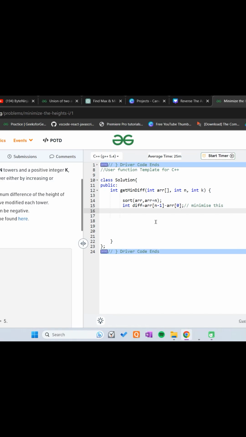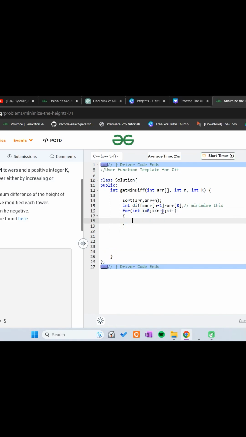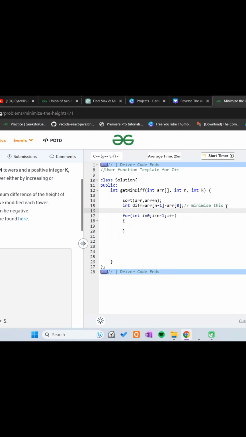Now I am running a loop from 0 to n minus 1. Why am I not using n? Because what we have to do is minimize the difference. The starting element is on the left side of the array, and the maximum is on the right side of the array.